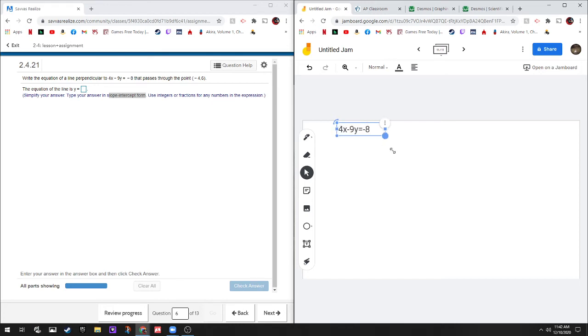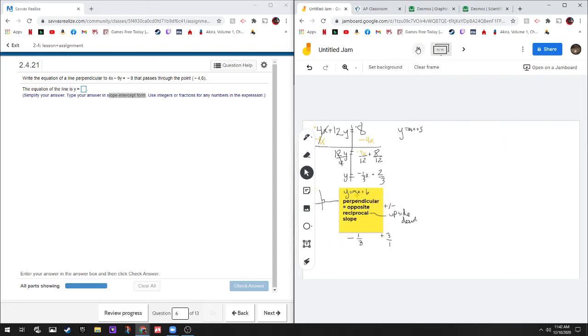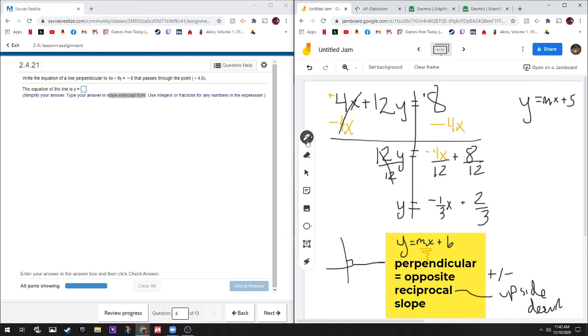All right, so I'm going to show you a shortcut now. If you remember back to this guy, we did a lot of work to find out that slope, but I want to show you the shortcut. Check it out. We wound up doing this 4 divided by 12, and it was the opposite.